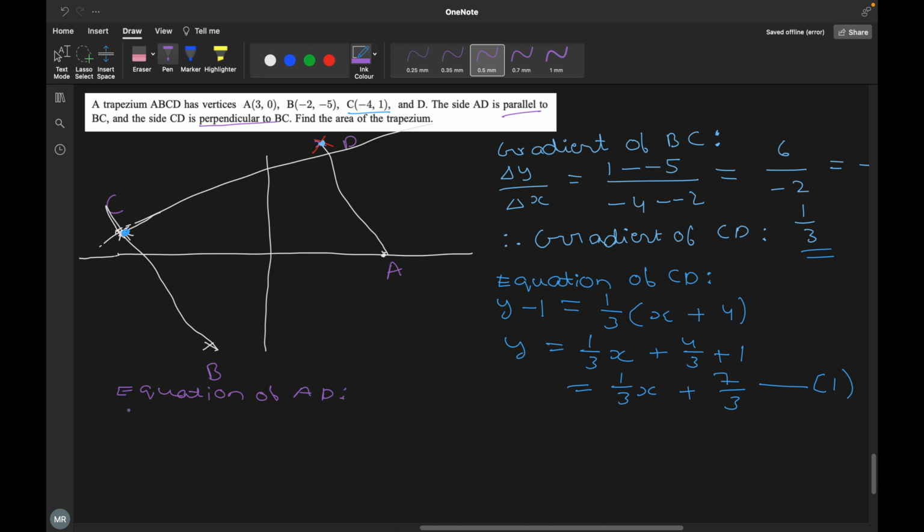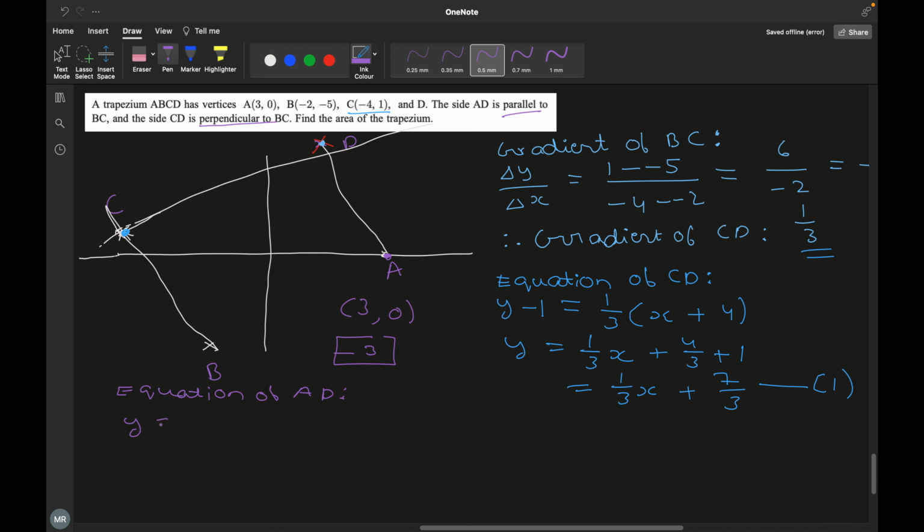So we have the coordinate of A, which is 3, 0, and gradient -3. So using this information, let's find the equation.